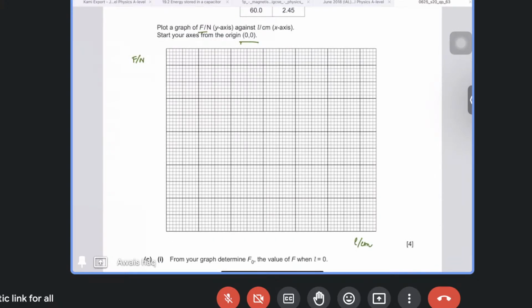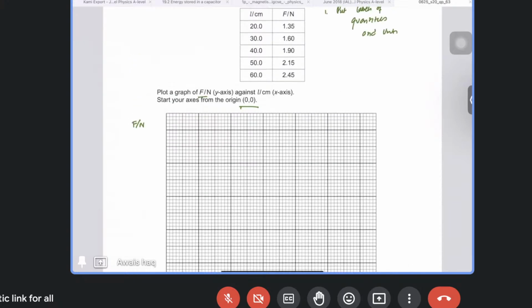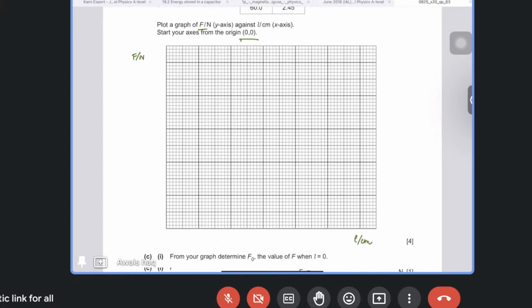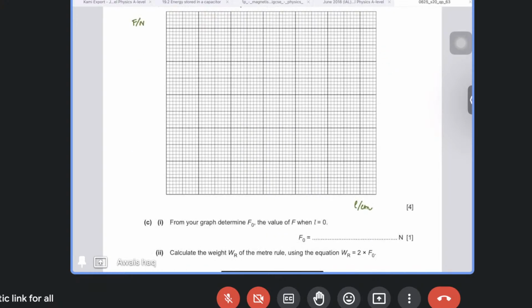Is it clear? Then the next thing you're going to do is make sure that you use the maximum graph area possible.